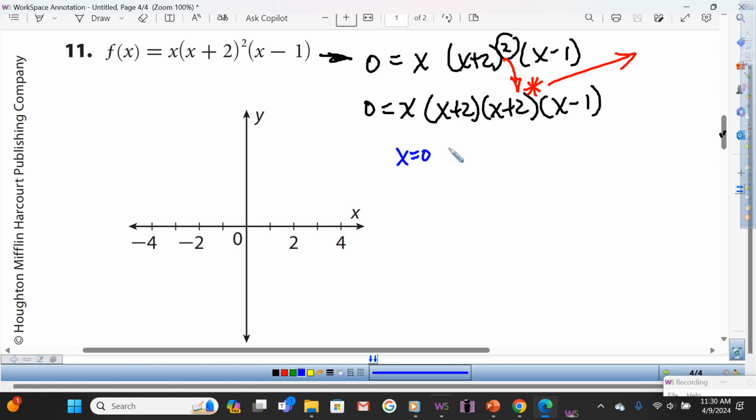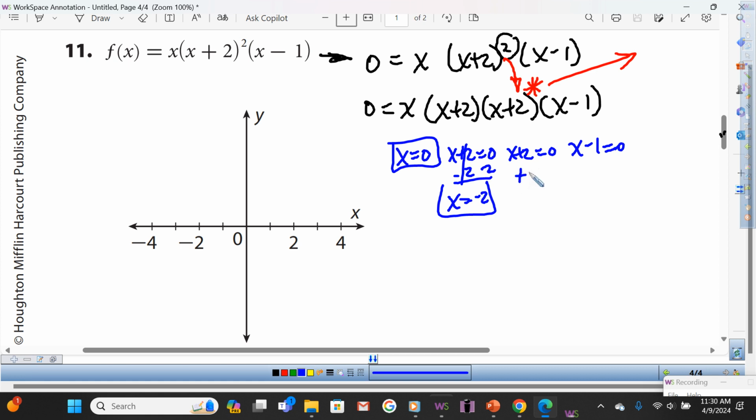So x equal to 0, x plus 2 equal to 0, x plus 2 equal to 0, x minus 1 equal to 0. Let's solve. Minus 2 minus 2, x equals negative 2, and plus 1, x equals 1.